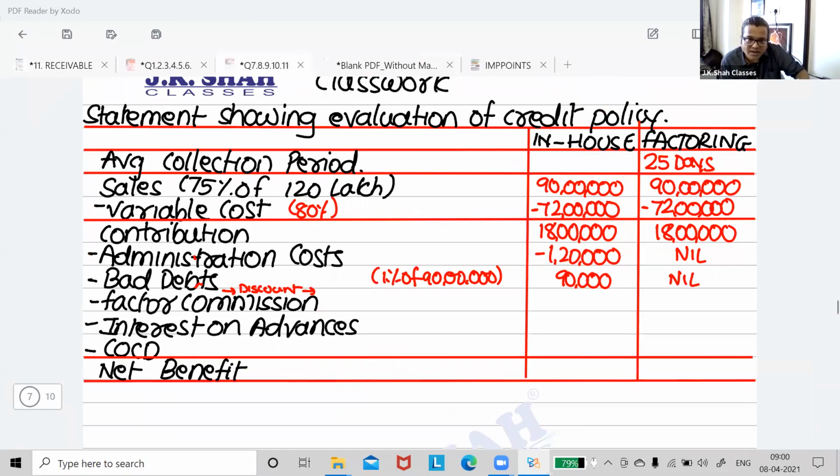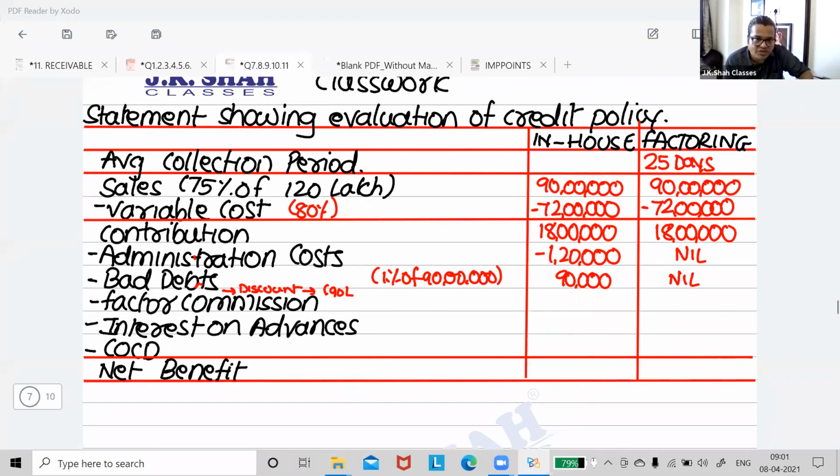Our total credit sale is 90 lakh. Correct, friends? Yes, some people are writing 54,000, but I think they're going slightly wrong. You've forgotten that the discount is not 1%, discount is 2%. Our plan is 2 by 10 net 30, no?